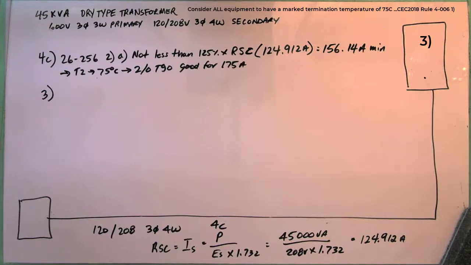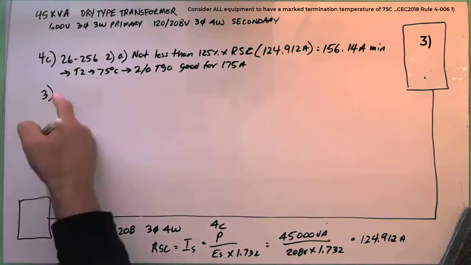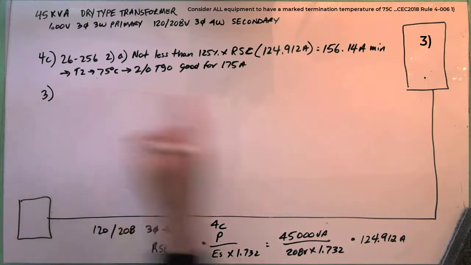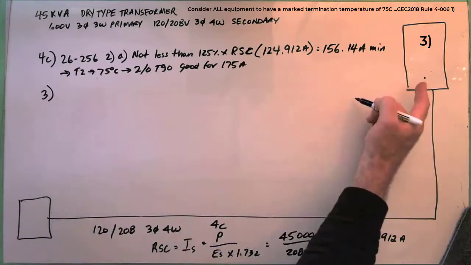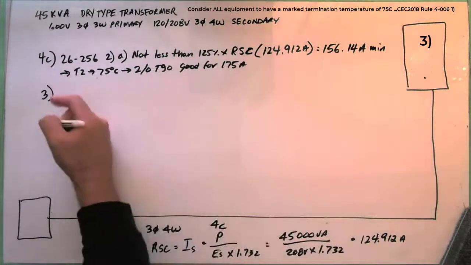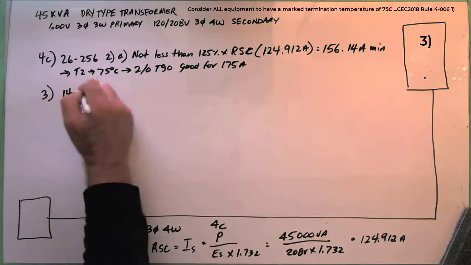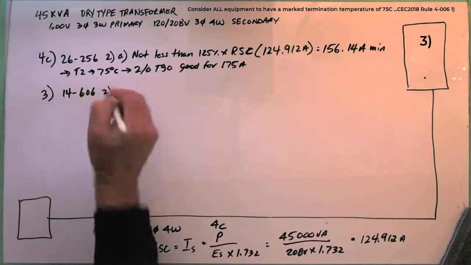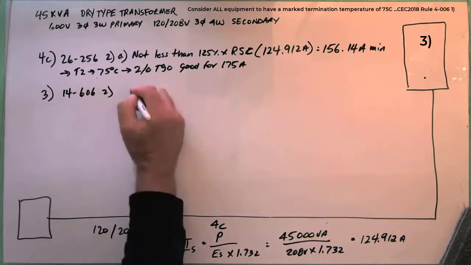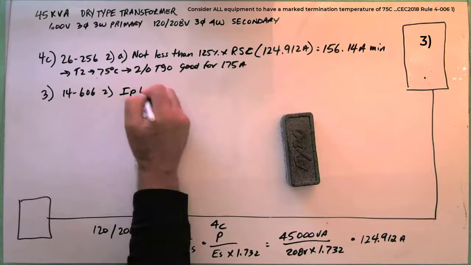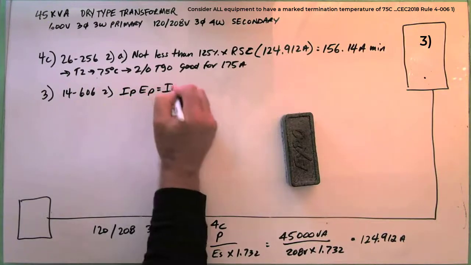If you follow this on that sheet in the left pane, 3 is asking for the minimum load center. Minimum load center. So I got a rule, 14-606 sub 2: IP-EP equals IS-ES.